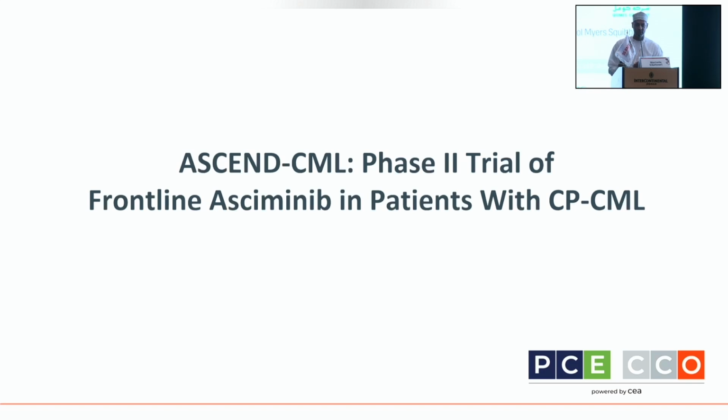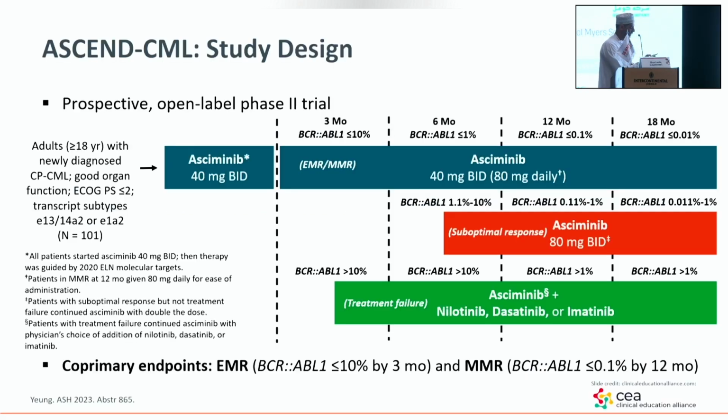So that's the low-dose dasatinib. The next question is the use of asciminib, the new TKI, in the frontline, upfront management of patients with CML. This is a phase 2 study that addressed that question. They included patients with newly diagnosed CML and gave them 40 milligram BID of asciminib.